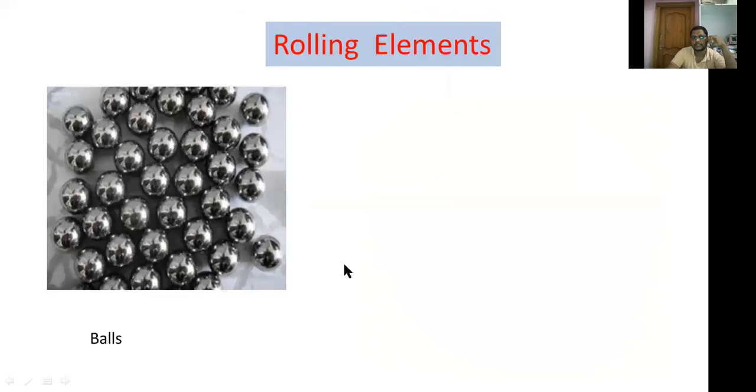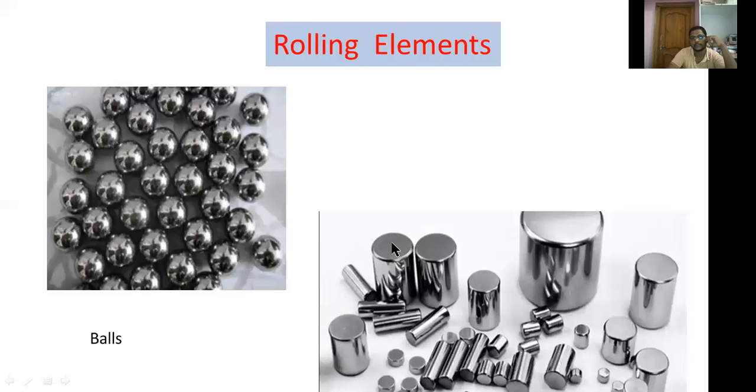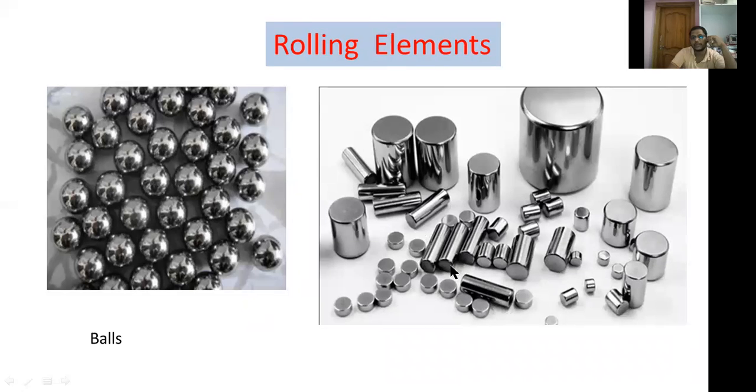In ball bearings, these balls are used, so these balls are called rolling elements, because these balls roll. In roller bearings, these rollers or cylinders are used as rolling elements. These are the rolling elements for roller bearings, and these are the rolling elements for ball bearings.